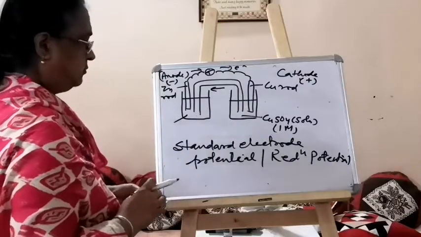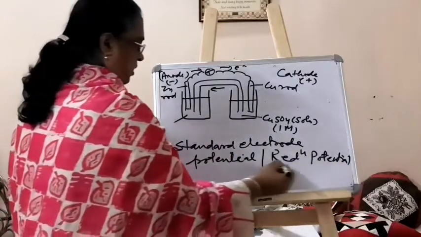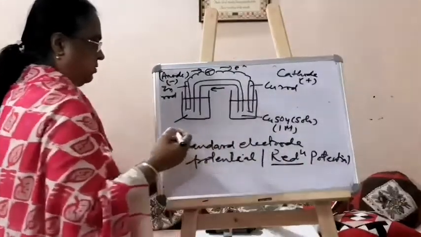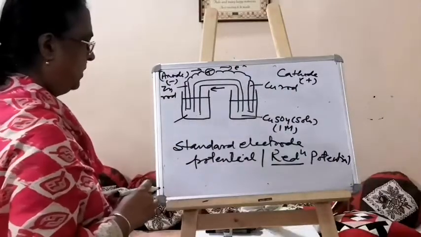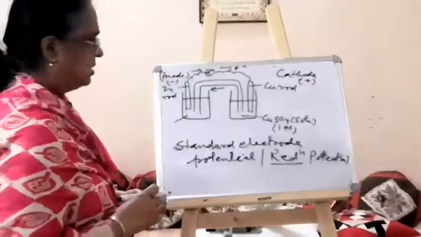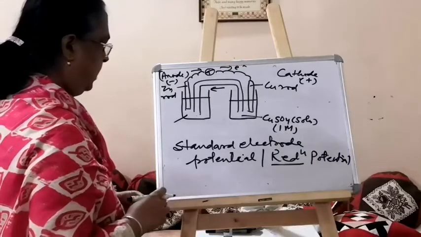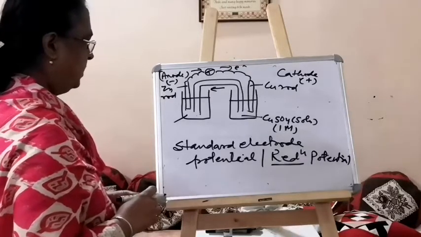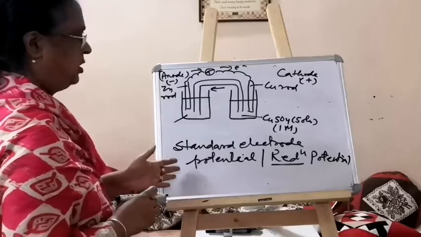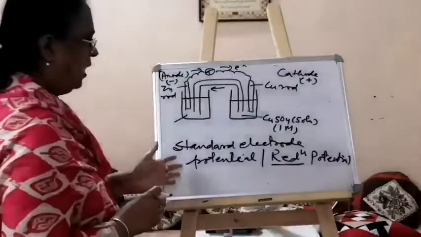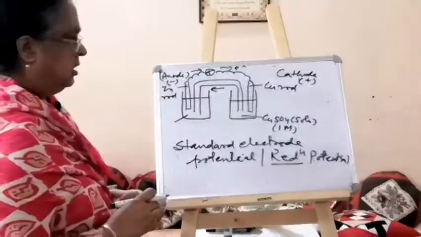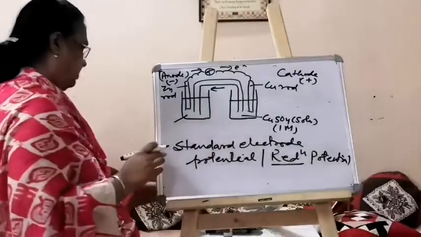Because it is more stable. There are many other reasons, but I will not discuss them here because it would be too elaborate. So remember that whenever standard electrode potential is talked about, it means standard reduction potential.